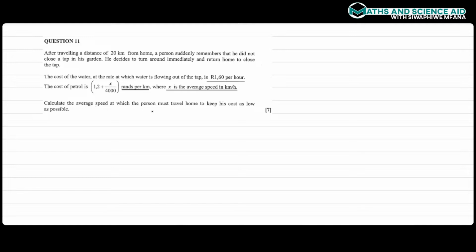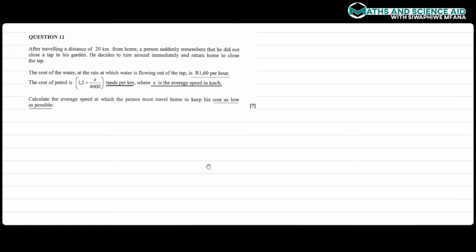In this case, we need to determine his average speed at which he must travel in order to keep his cost as low as possible. The cost is the main thing because it needs to be kept as low as possible. So that's what you need to optimize. You need to find a minimum cost here.